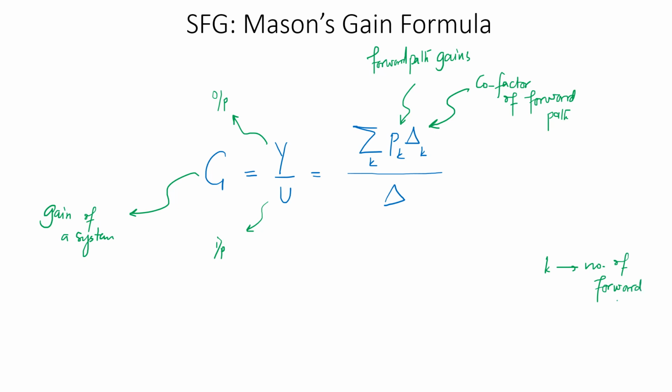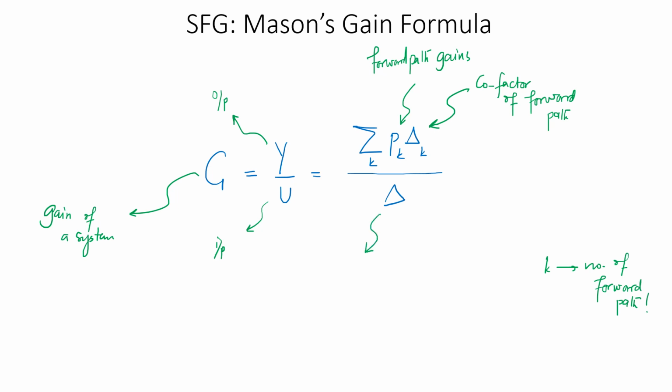I'm using the word forward path, but we have already introduced it: you are going to observe the signal flow graph and see, from the starting node or input node all the way to the output node, how many different or distinct paths are available. Each one of those paths is going to be considered a forward path. So what you have to do is find out the gains of those forward paths and multiply with deltas or cofactors of that forward path. But what is that cofactor? That is still to be known. We will see that in a moment.